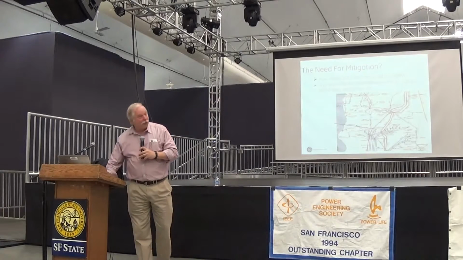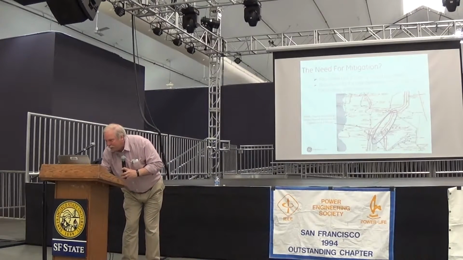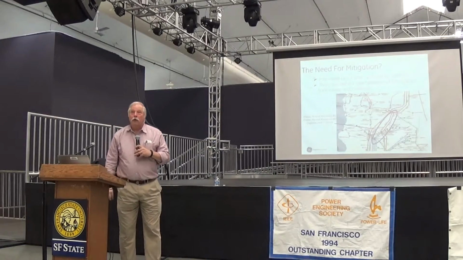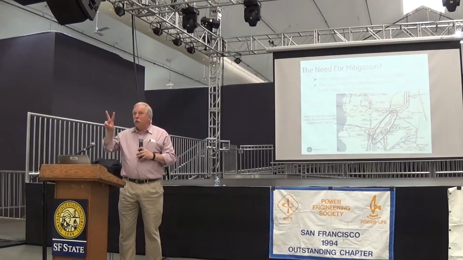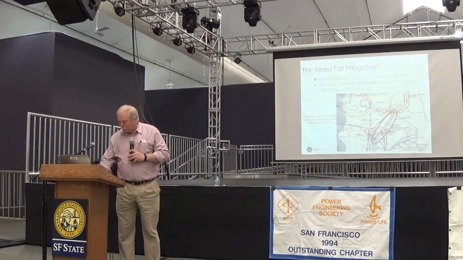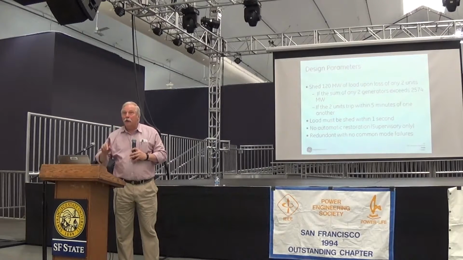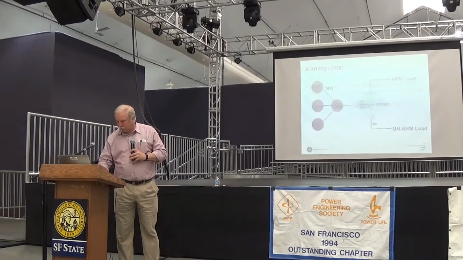So this is the picture. It doesn't identify the path on this one here, but it's the Malin Round Mountain 1 and 2 and Captain Jack Olinda lines that overload on loss of 2 of the Palo Verde units. Again, the only takeaway here is it has to happen in less than 1 second.